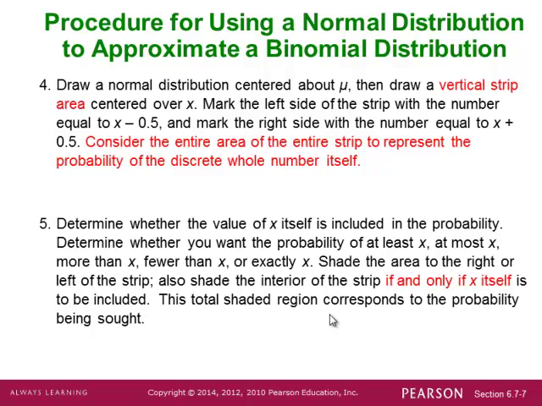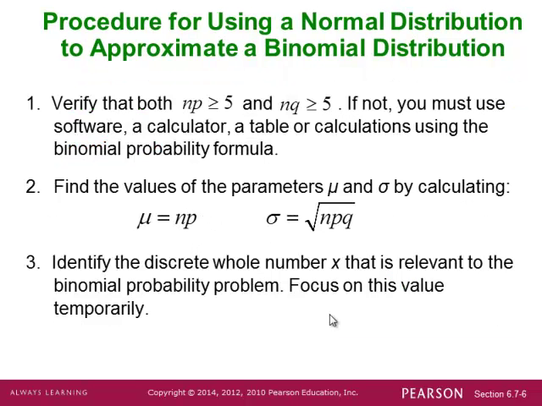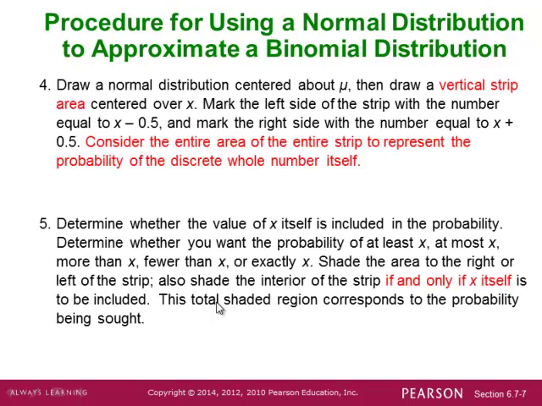Here's how we would do this by hand. Do steps 1, 2, and 3, as we indicated. Then step 4, draw a normal distribution curve centered at mu. Draw a vertical strip centered over whatever x is. X is going to be the number of successes.